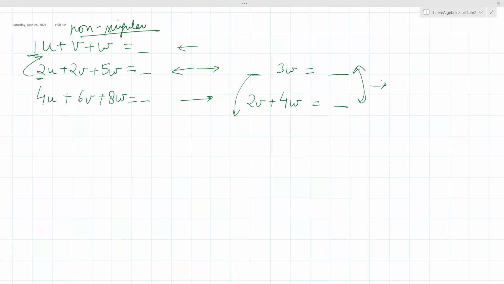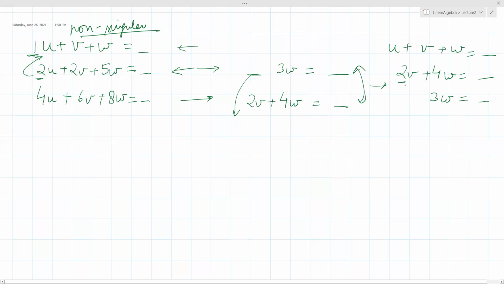So now your set of equations becomes u plus v plus w is equal to something, and then 2v plus 4w is equal to something, and then finally 3w is equal to something. So now obviously your pivot is 2.